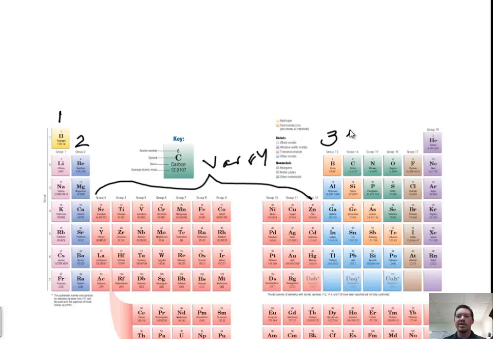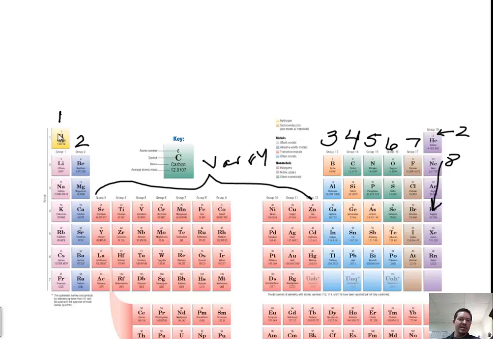So 1, 2, going over to boron here, we're just going to keep counting. 3 valence electrons, carbon has 4, nitrogen has 5, oxygen has 6, fluorine has 7, and with the exception of helium, starting with neon, has 8. Helium has 2. But starting with neon, going down, there's 8 valence electrons.